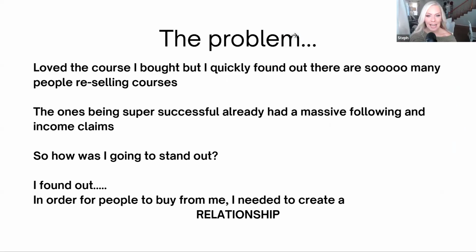So how was I going to stand out as a brand new beginner among thousands of people reselling the same course that everyone else is selling? The concept of affiliate marketing is amazing, but when there are thousands of people doing it, I realized that I really needed to stand out.